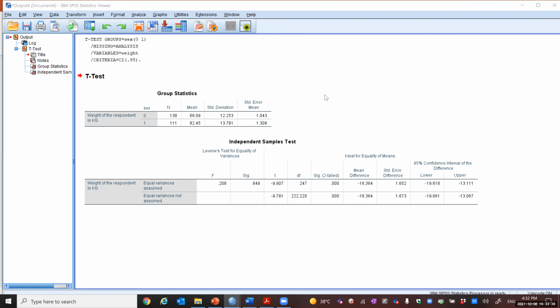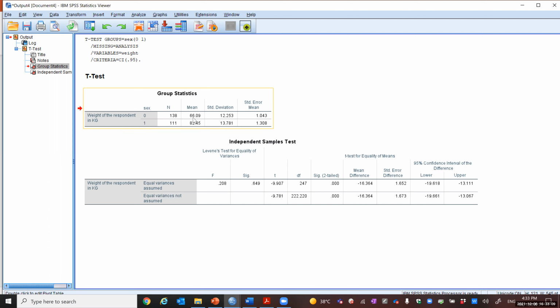Now, if you look at the output, in the first table you have the weight of the respondents in kg, and then you have two groups, 0 and 1. I think I got it wrong. So 0 is basically female and 1 is male.